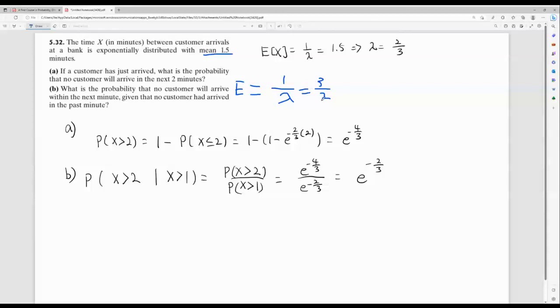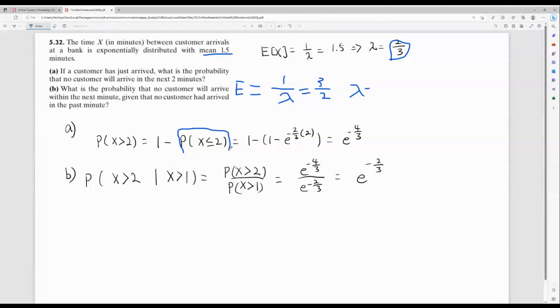So we just do some computation and we get lambda equal to 2/3. Then we go to part A. The wait time is more than 2 minutes, so we have x greater than 2, which is 1 minus P of x less than or equal to 2.